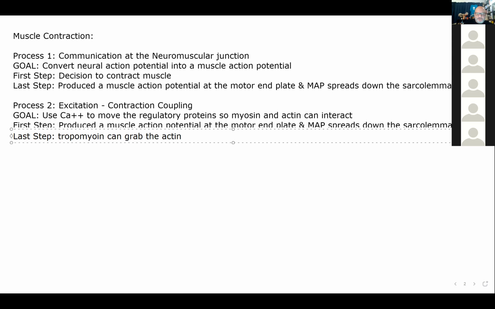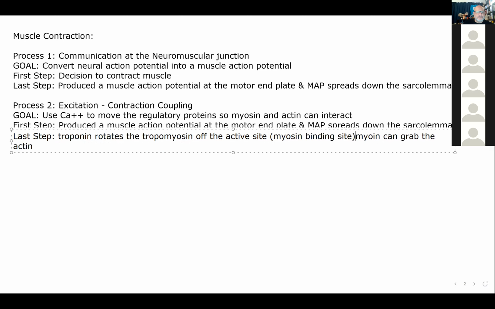The troponin rotates the tropomyosin off the active site, or again, off of the myosin binding site. So myosin can grab the actin.